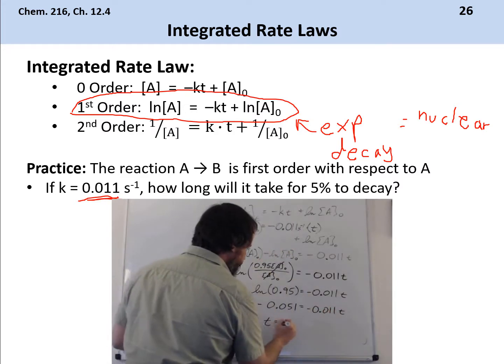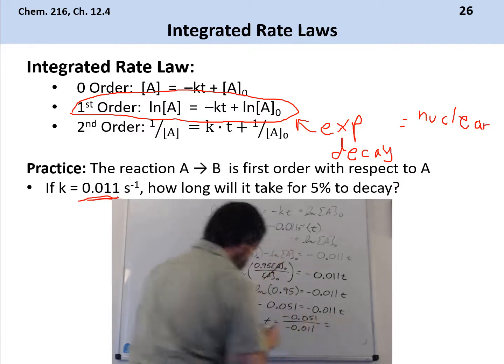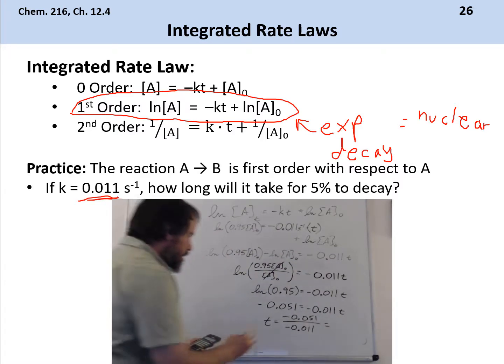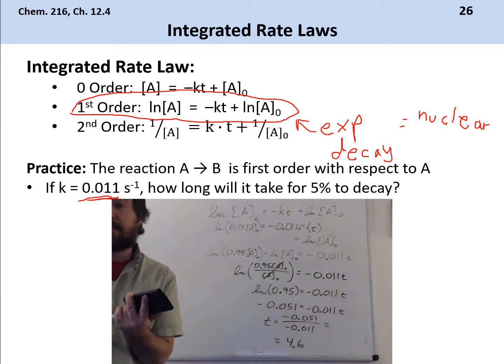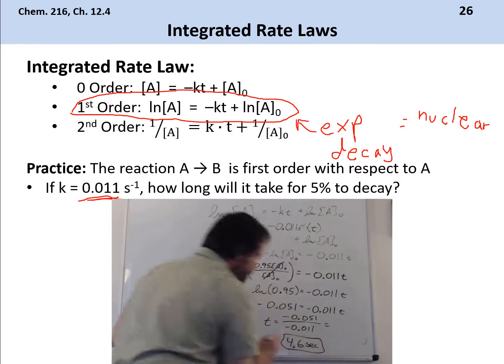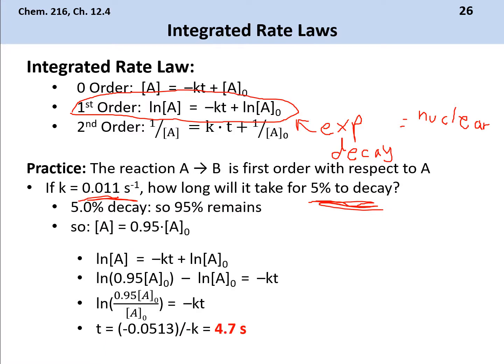So t is 4.6, and the t has to be, in this case, in seconds. All right, so that is it. Here it is on the screen. Actually, on the screen, I got 4.7 seconds. I rounded at one point, but I get the same answer.